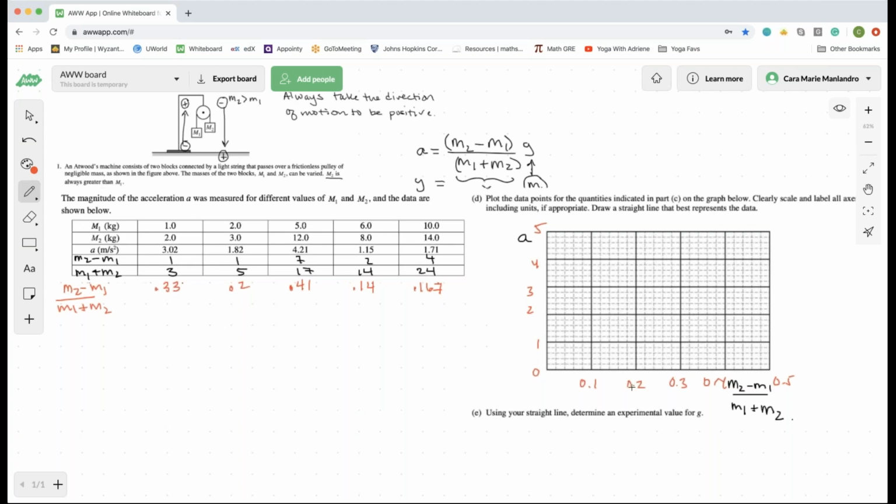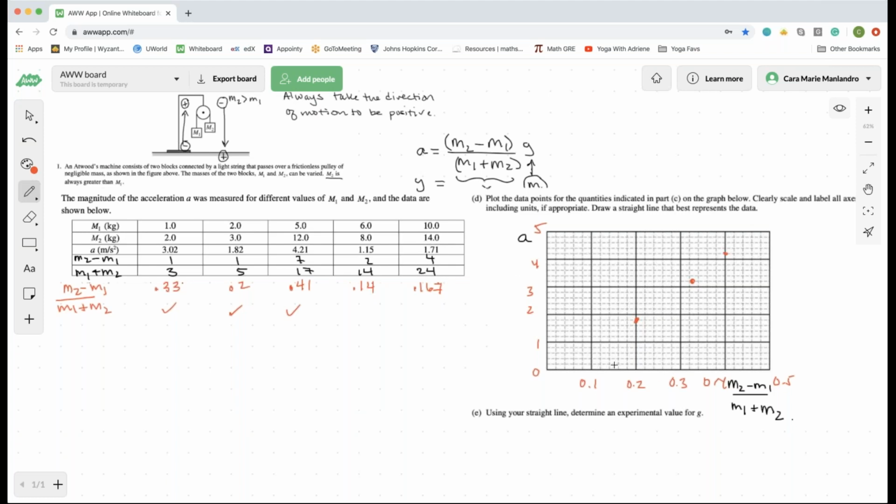We can just plot our points. At 0.33, acceleration is 3, so somewhere up here. At 0.2, my acceleration is almost 2. At 0.4, acceleration up here. A non-artist, not to scale.